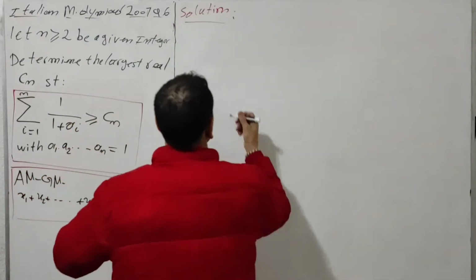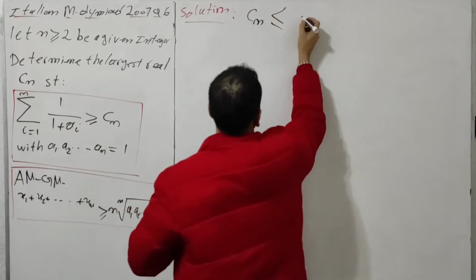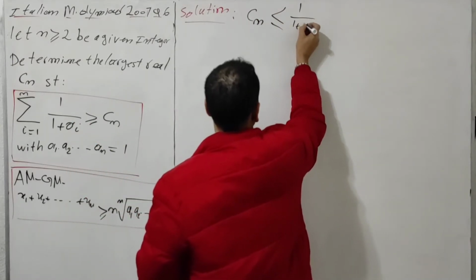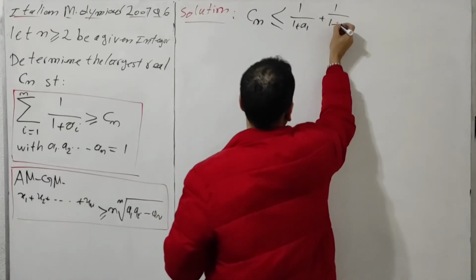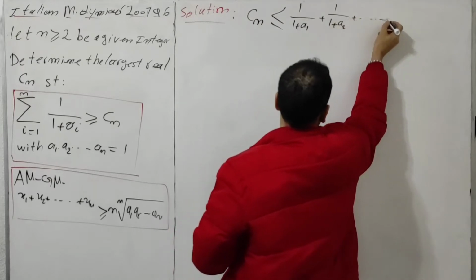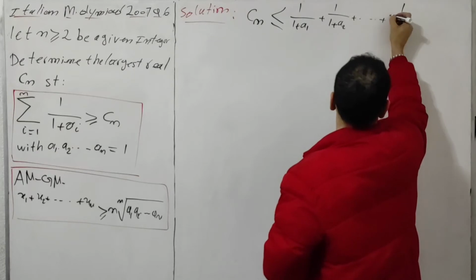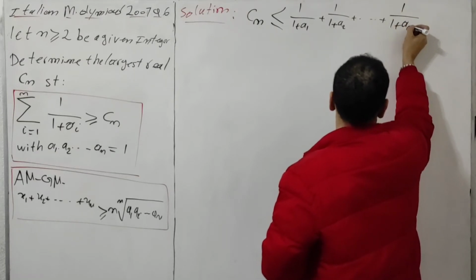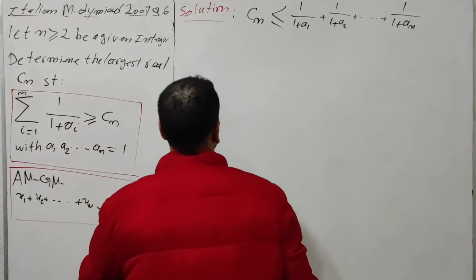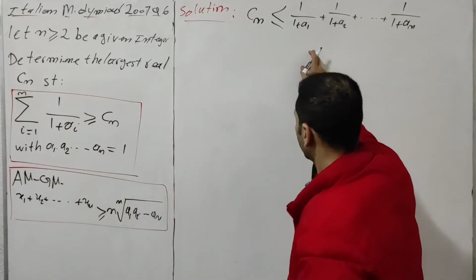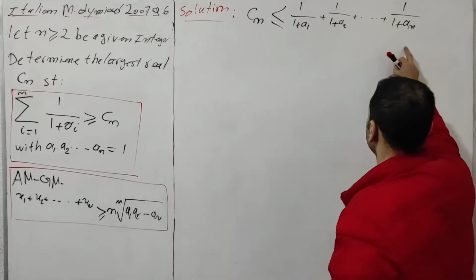So we have Cn is less than or equal to the sum 1 over 1 plus a sub 1, plus 1 over 1 plus a sub 2, and so on until the last term, which is 1 over 1 plus a sub n. In order to use the formula, I have n terms here, and I'm going to apply the theorem on these terms.